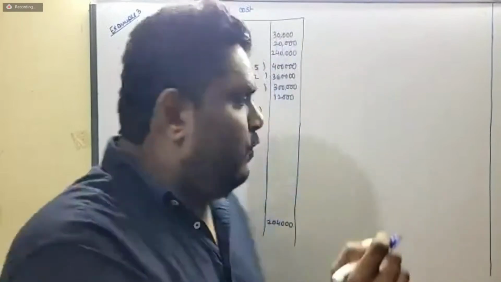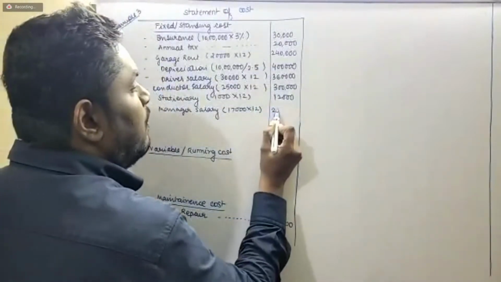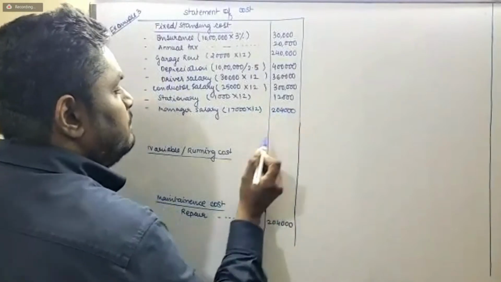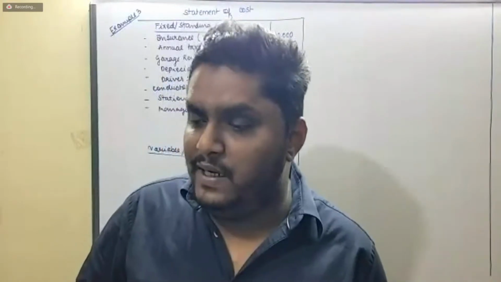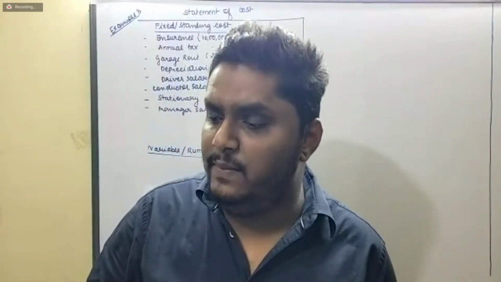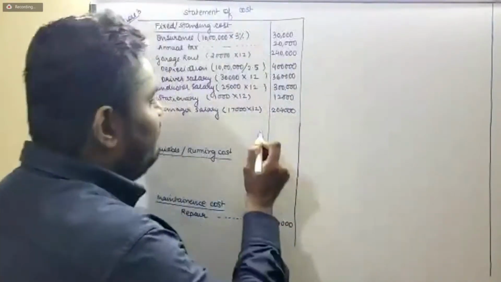This will be 2,04,000. Apart from this, petrol and oil cost will form part of variable cost. So this is all about fixed cost.